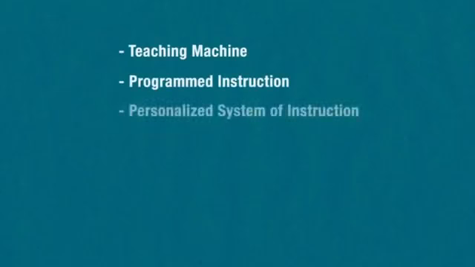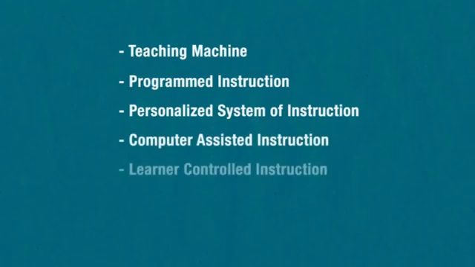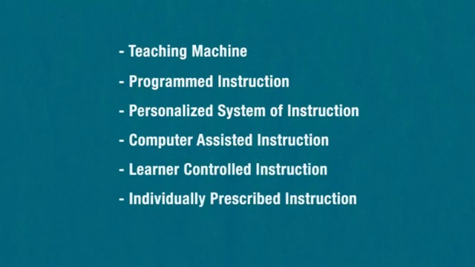There are many forms and techniques of personalized instruction such as teaching machine, programmed instruction, personalized system of instruction, computer-assisted instruction, learner-controlled instruction, individually prescribed instruction, etc. Some important techniques are elaborated here in this module.